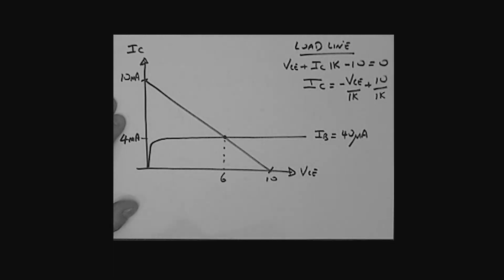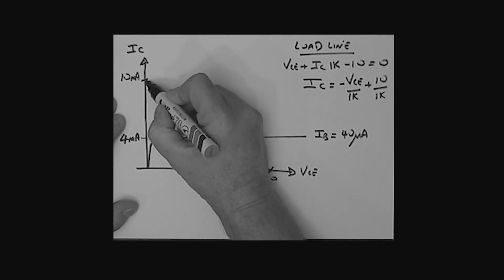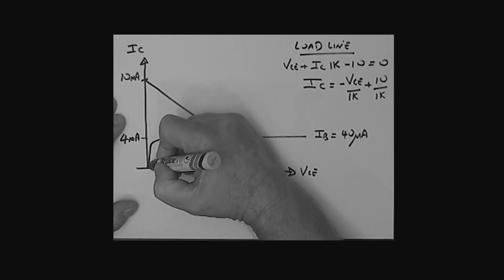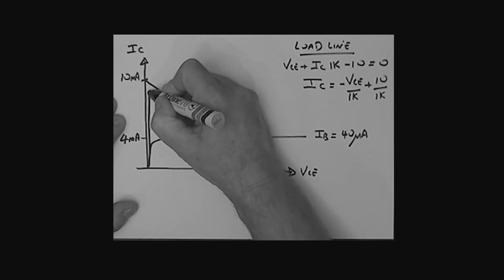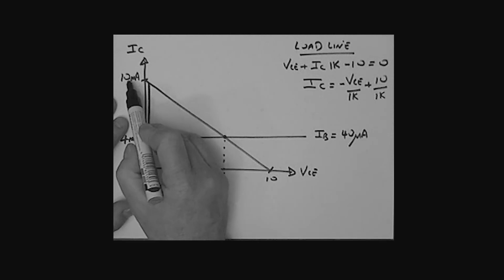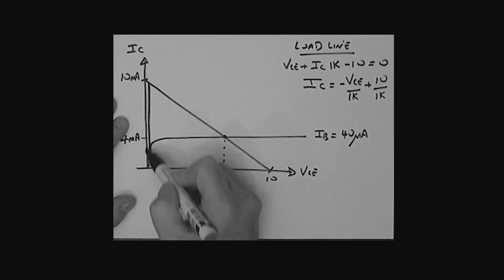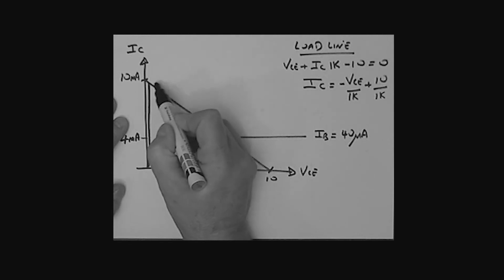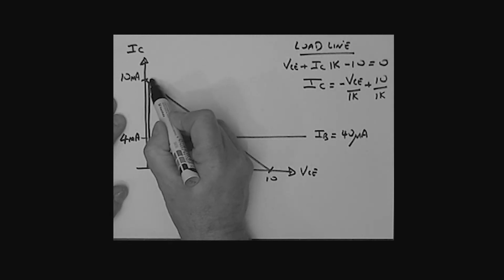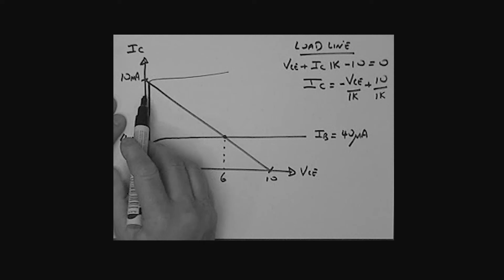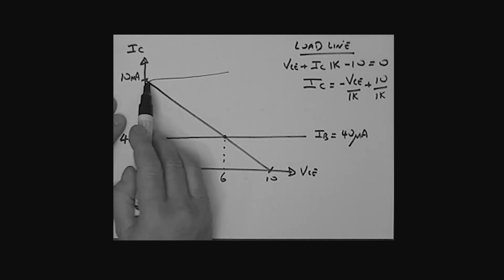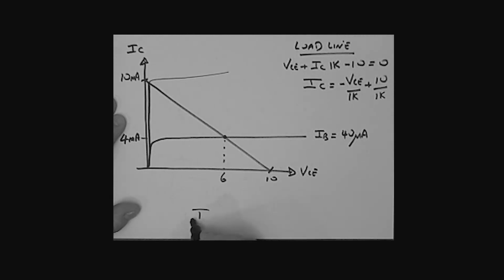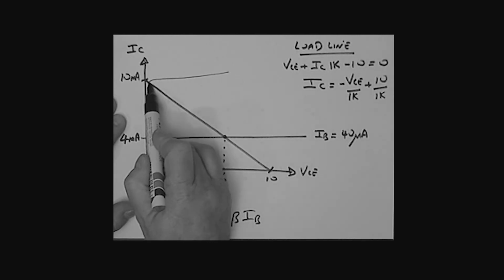Remember, I mentioned before the maximum collector current I can have in this circuit would be this current right here, the 10 milliamps. Sure, I could increase my base current, perhaps due to the application of a signal, such that I was at this point here. The relationship IC equals beta IB is still true at that point.